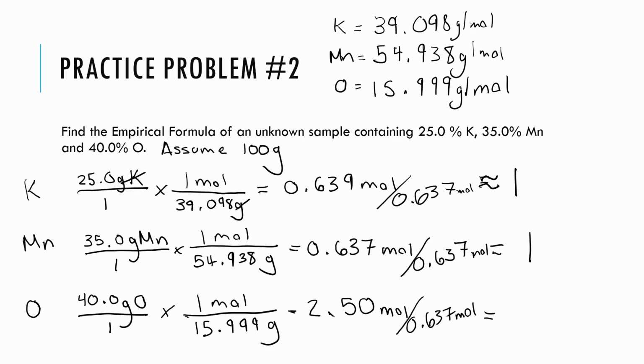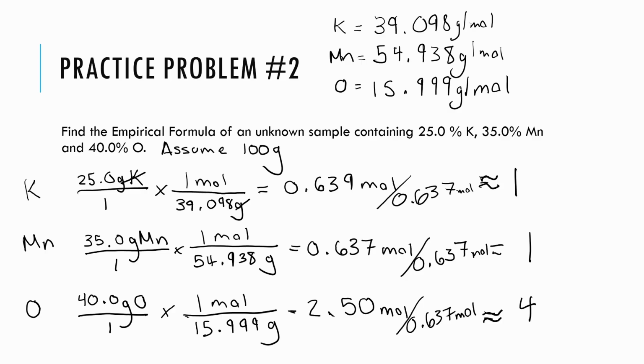For the 2.5 divided by 0.637, what we get is about 3.92. We're going to say that that is close enough to 4 here. Now we have all of these in relation to manganese being 1.